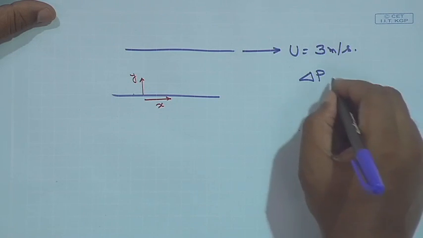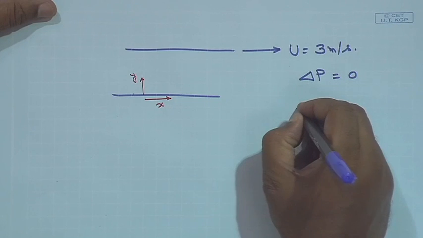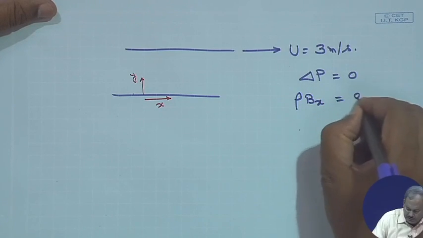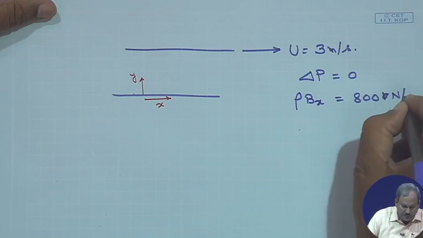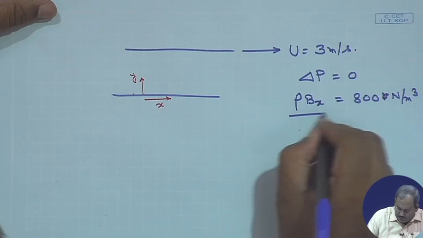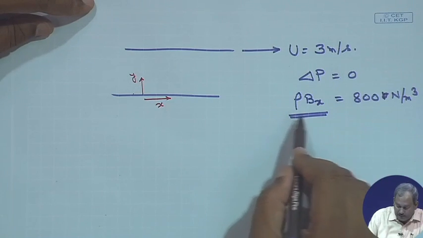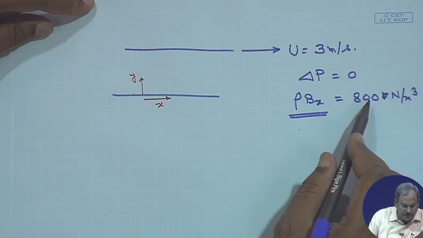There is no pressure gradient in the x direction. However, there is an electric field, with the body force rho b_x given to be 800 Newton per meter cube. So, the body force provided by an electric field is 800 Newton per meter cube.